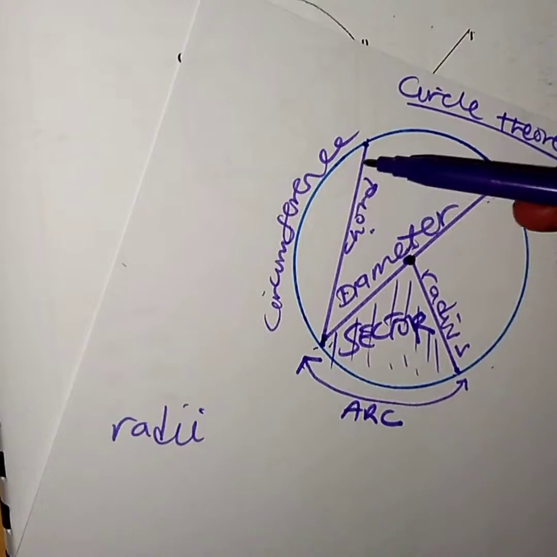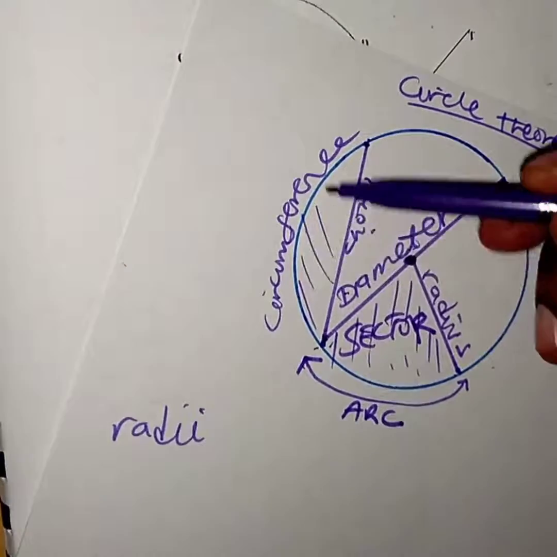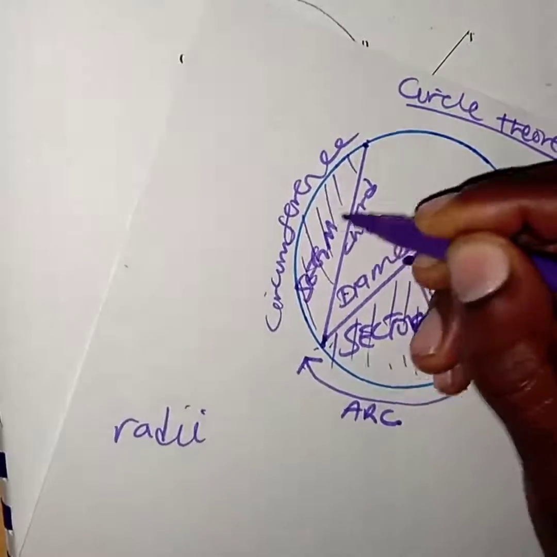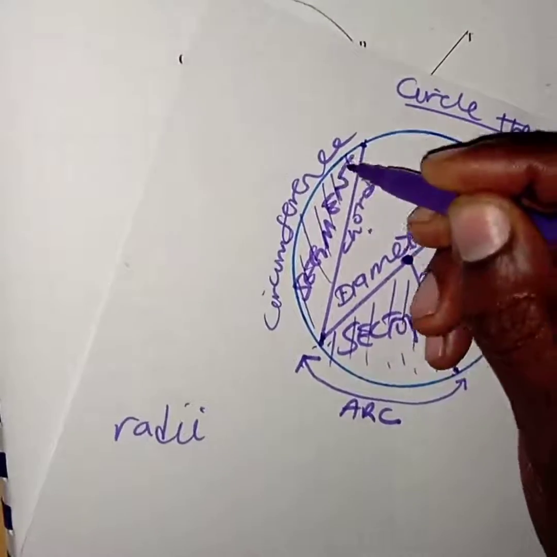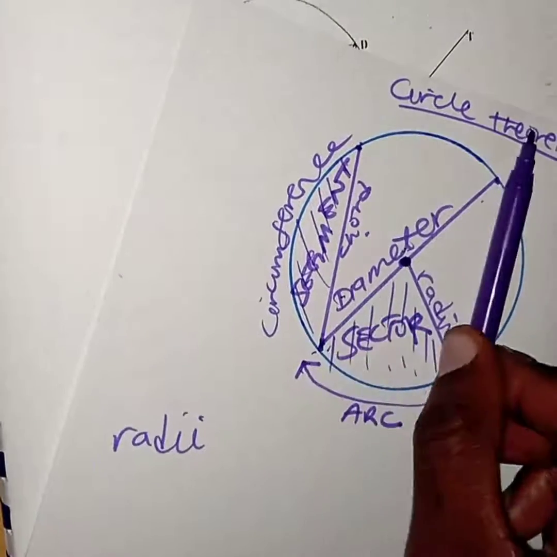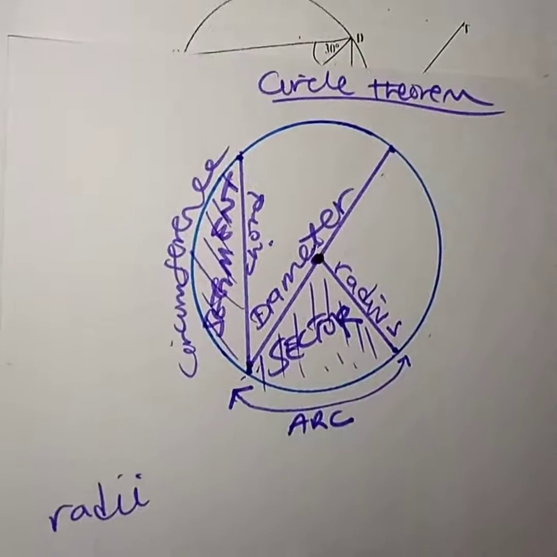Now, what will be the part bounded by the chord? This part is called a segment. As you can see, it's a minor segment, and the rest is the major segment. So take note.